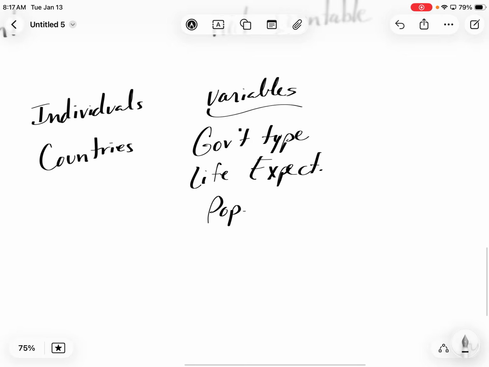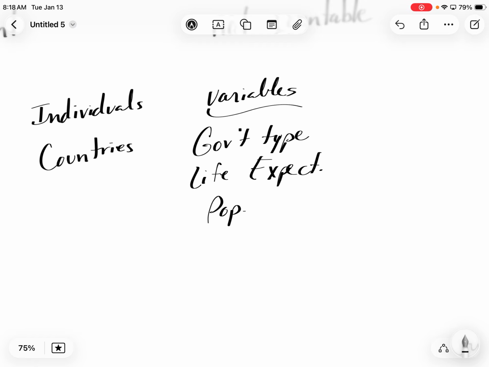And so from there, it also said identify the data. From the last part, is the government type qualitative or quantitative? Qualitative. Why? It doesn't have to do with numbers. What about the life expectancy?